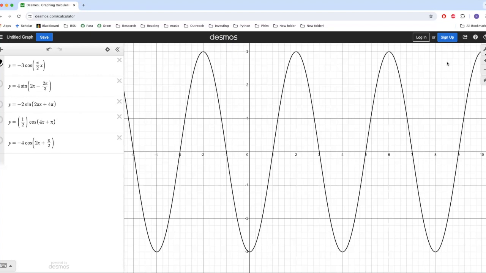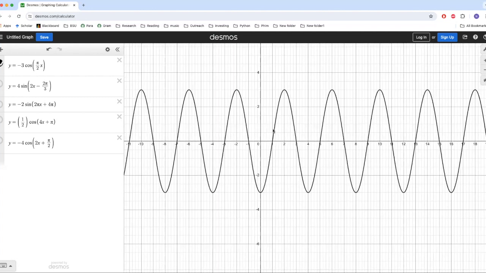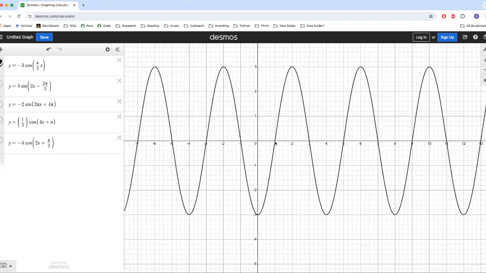And the function is a cosine function, so it's symmetrical with respect to the y-axis. If you zoom out, you can see that the function is symmetrical with respect to the y-axis, and the cosine function is a periodic function, so the behavior of the function repeats itself over a certain interval. The length of the cycle is 4, so you go up here, and then you go back to the x-axis at 5.